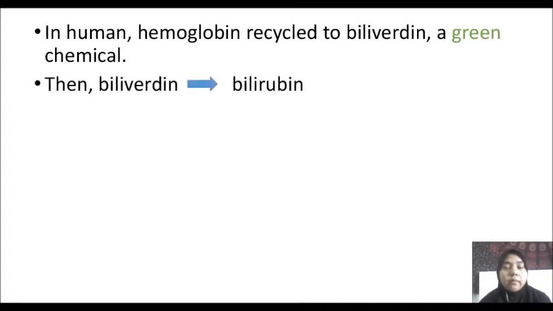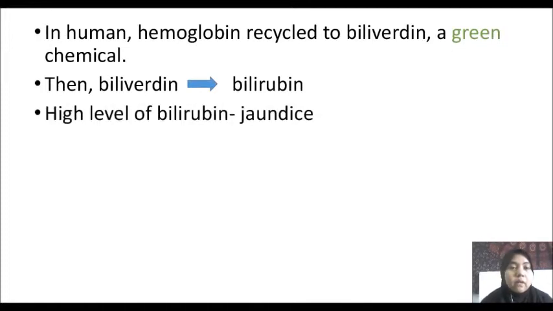Then the biliverdin is rapidly converted into bilirubin. Bilirubin is a toxic compound, so the liver filters it from the blood as quickly as possible. If the bilirubin builds up to a high level, the skin becomes yellow. Hence, a condition called jaundice can happen and can be fatal.